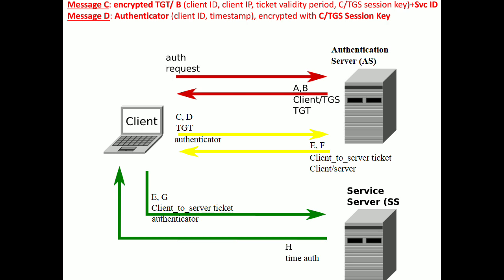Therefore it wants to get another ticket for that print server from the KDC or the TGS. For that it needs to send the service ID of that required service. So it replays the TGT along with the required service ID of the resource it wants to access.